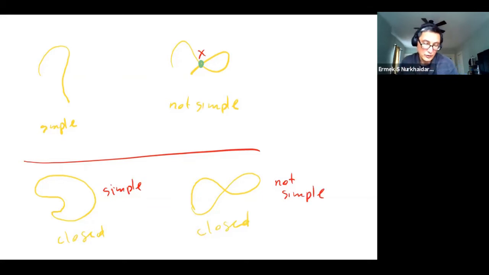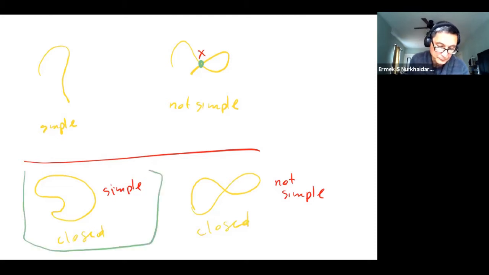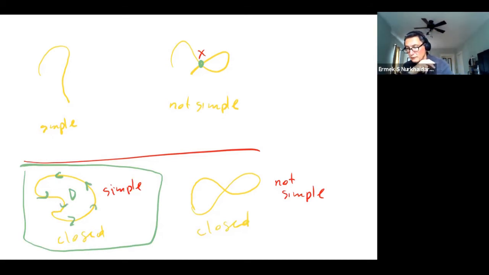For Green's theorem we want to work with curves which are simple and closed, like this. Then the region D will be inside, curve C will be the boundary, and we move counterclockwise along that curve. That's what the theorem is saying.